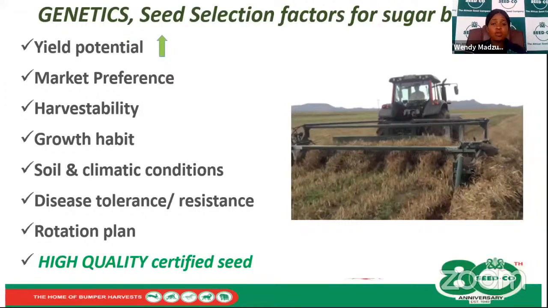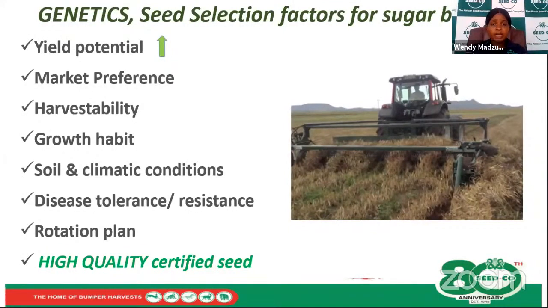Market preference is also quite pivotal in your selection of sugar bean variety, because in some markets they might prefer the speckled ones, some might prefer the red ones. The different types will be alluded to as we continue with the presentation.